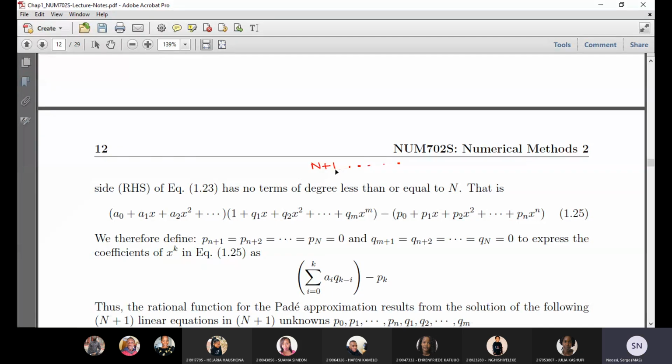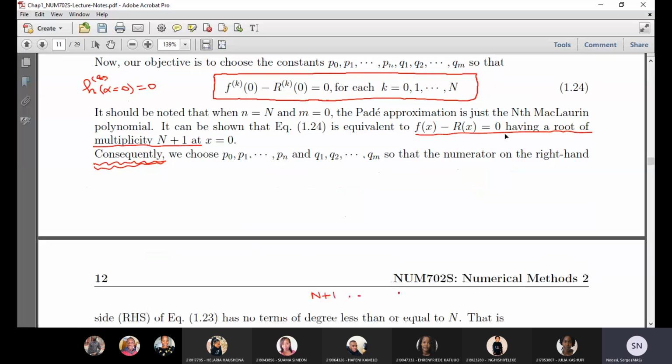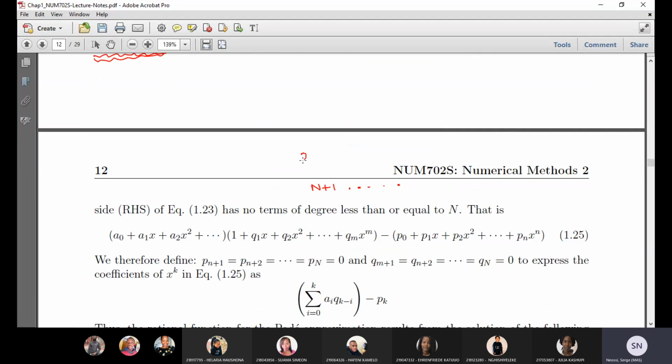If you expand everything, it will start from x to the n plus 1, with a certain coefficient, plus another coefficient, n plus 2 up to infinity.